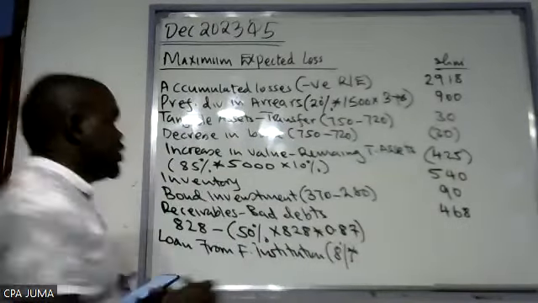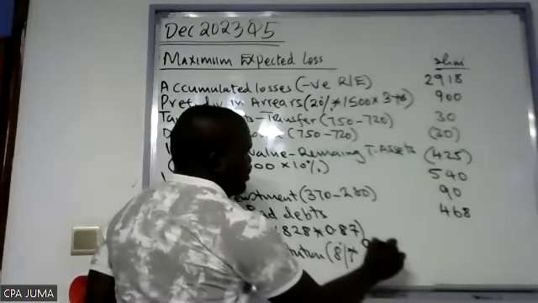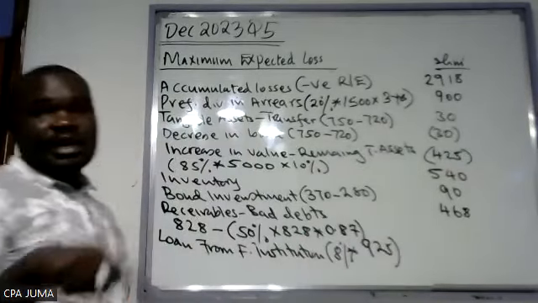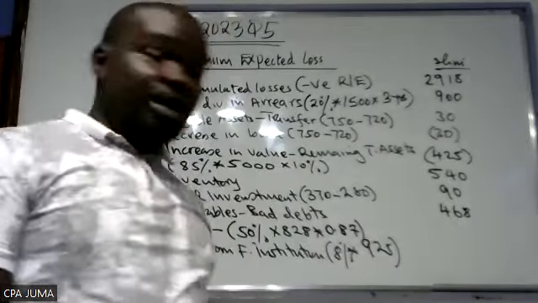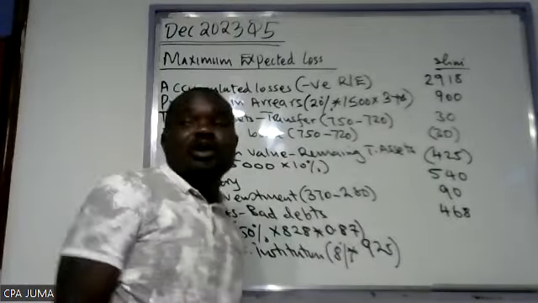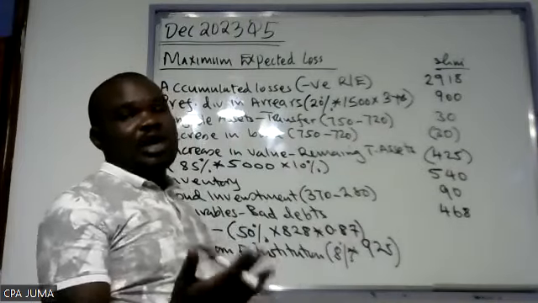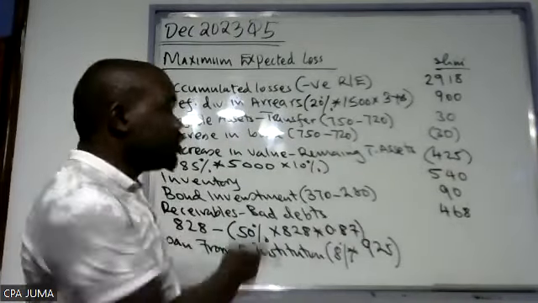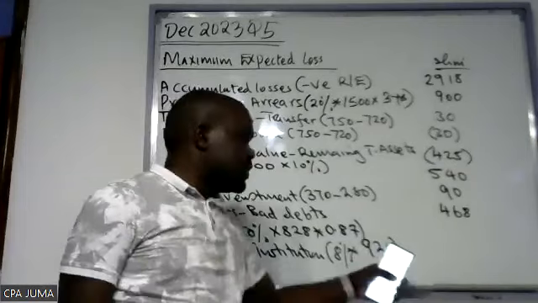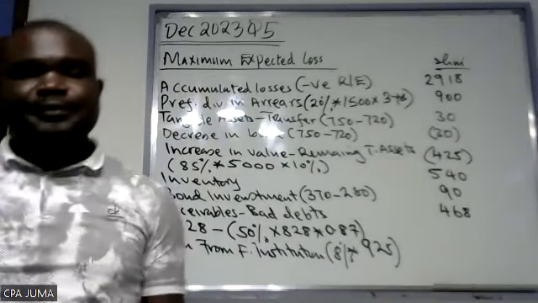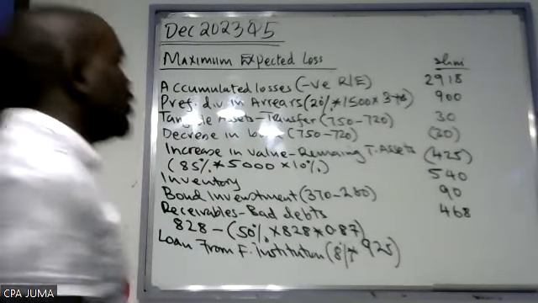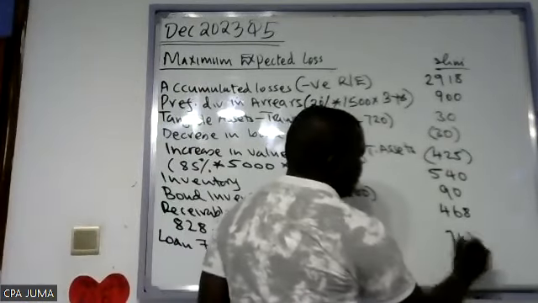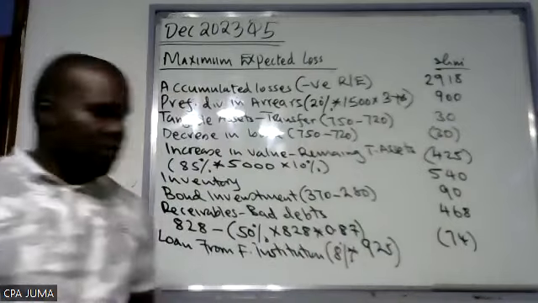Down there, it is $925. It is the last item in your balance sheet. So 8% we do not pay on the loan. If you're not paying the loan, that is not a loss to us, it's an income on our side. So it will reduce the loss. So 8% of 925, 74. So this 74, you reduce.